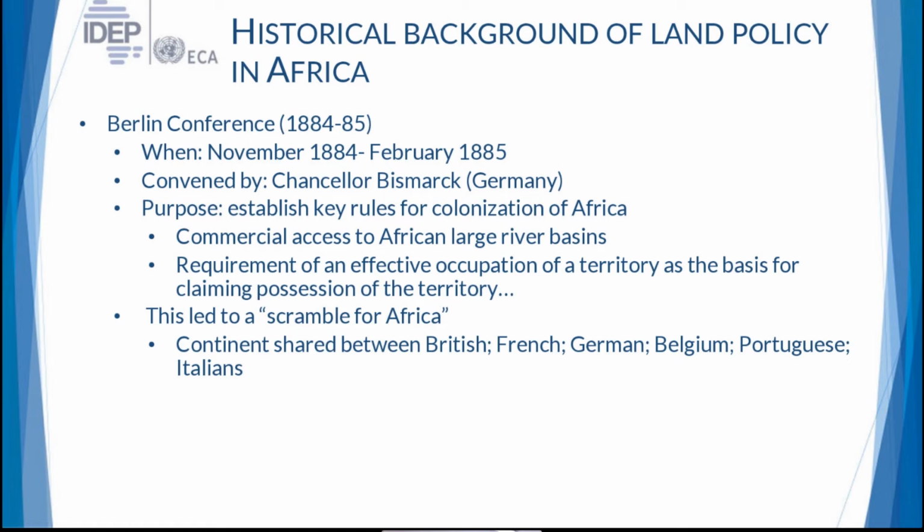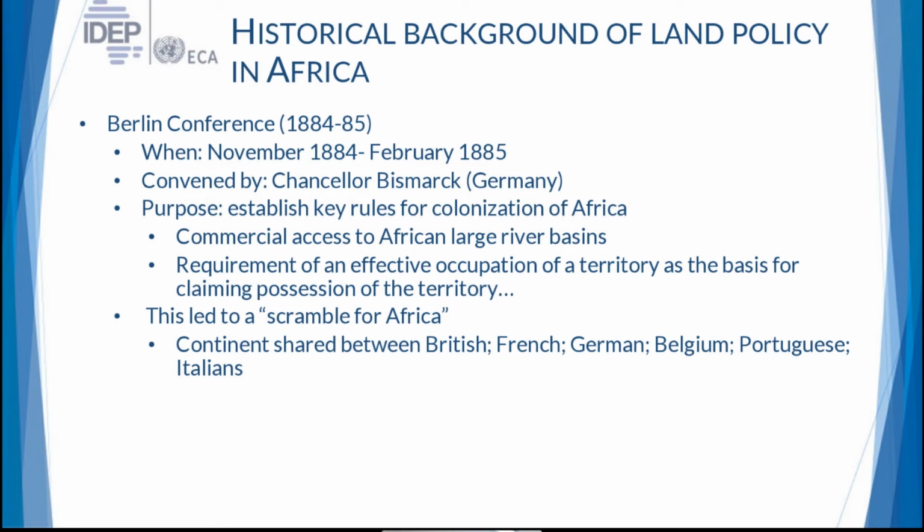One of the very important rules set for the colonization of Africa is the rule according to which there is need for effective occupation of a territory by a colonial power to form the basis for claiming the possession of this territory. So a colonial power cannot claim possession of a territory unless it has effectively occupied this territory.